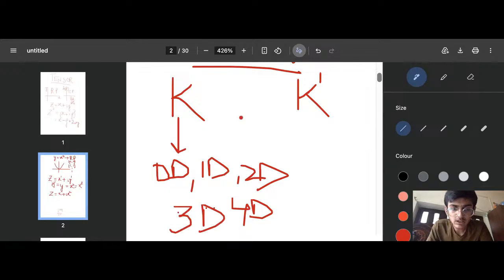Now I gave you the relation in this k and k dash system. When you are defining the k dash system, these 0D, 1D, 2D, 3D, 4D will not work, but we will define special dimensions using some transformations, which I am going to discuss with you.